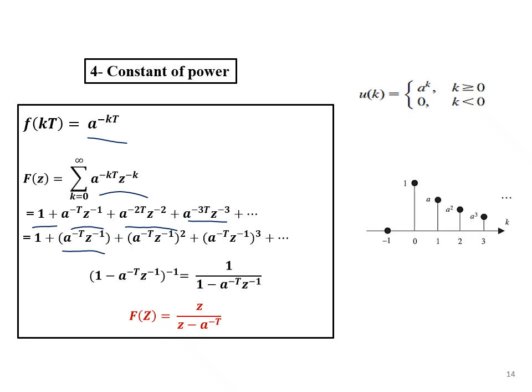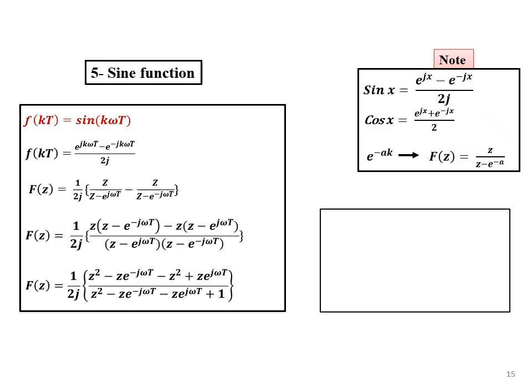We get all these to the power 1, power 2, power 3, which is the Maclaurin expansion of 1 minus a to the power negative T z to the power negative 1, all to the power negative 1, equals 1 over 1 minus a to the power negative T z to the power negative 1. Multiply numerator and denominator by z. We get z over z minus a to the power negative T.